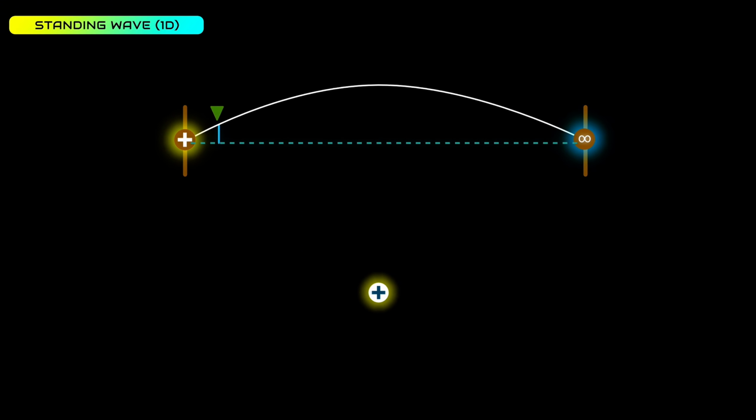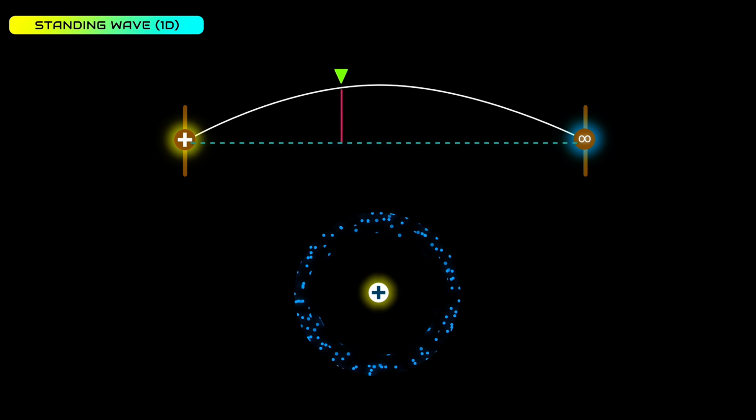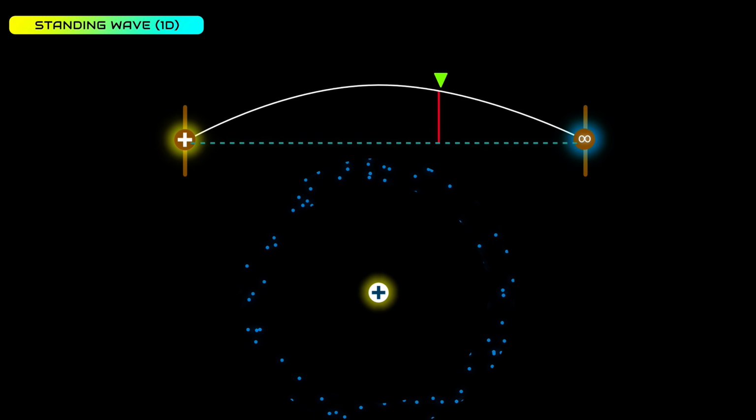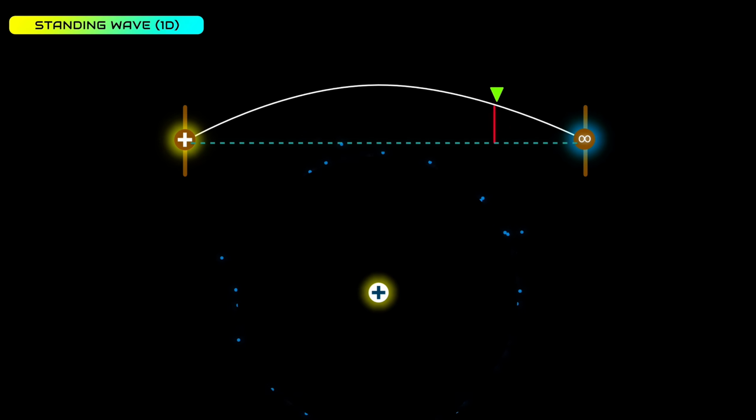As the distance from the nucleus increases, the wave's amplitude increases, and so does the electron density. Thus, the probability of finding the electron is highest where the wave has greater amplitude. At the peak of the wave, the probability of finding the electron is at its highest. As we move toward infinity, the probability of finding the electron gradually decreases, and at infinity, it becomes zero.